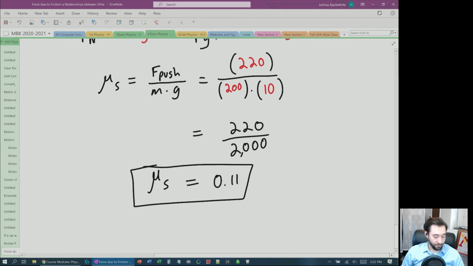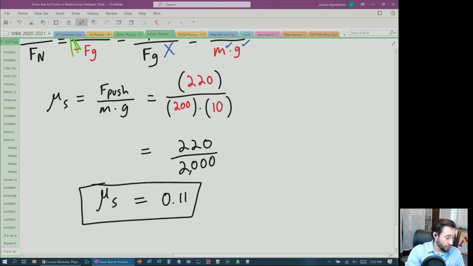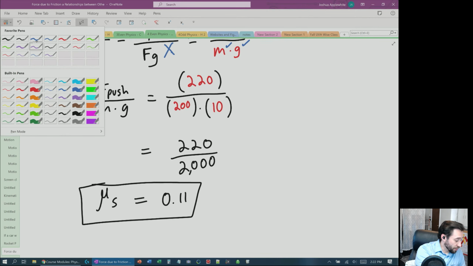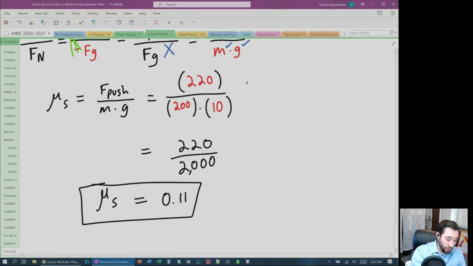Now remember, the coefficients of friction do not have units. To kind of prove that to you, the units of force are newtons. In the bottom down here, we had kilograms for the mass, and then we had meters over seconds squared.